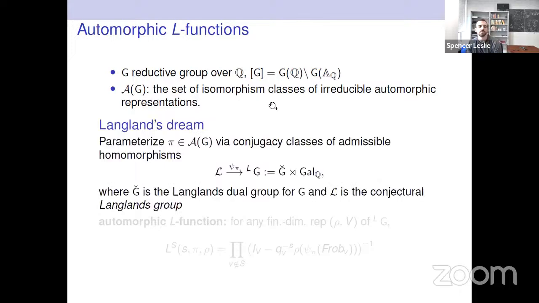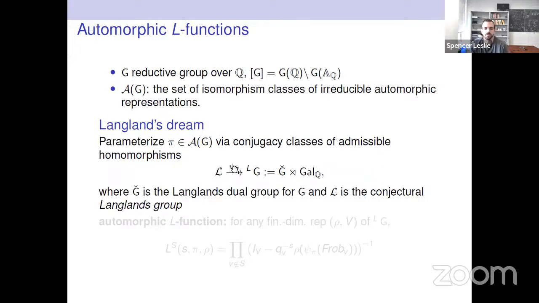Okay, so the basic dream of the Langlands program is to be able to parameterize this set of automorphic representations via so-called admissible homomorphisms. Here I'm going to ignore what the word admissible means.